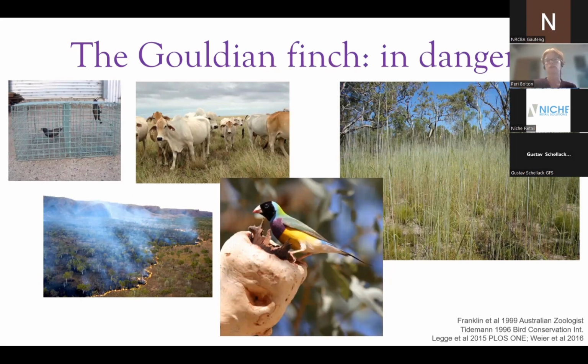So the Gouldian finch in the wild is particularly fussy for certain types of grasses, and fire is a really important part of the ecosystem in these savannas. As the north has been developed across the 20th century, we've seen more cattle grazing and changes in fire regime, which has changed the balance of the ecosystems in terms of the types of grasses that they like. They also have very specific cavity nesting requirements.